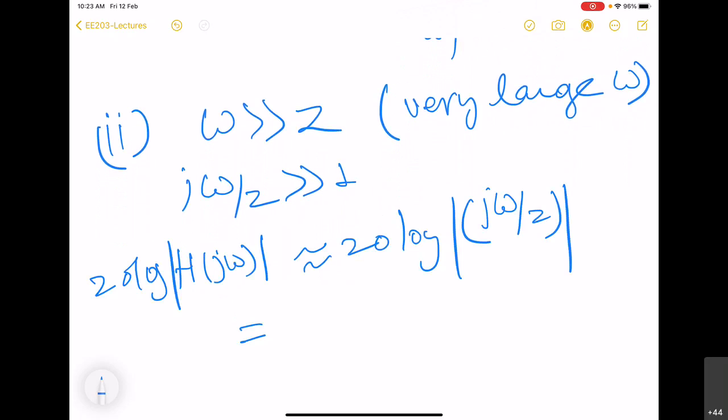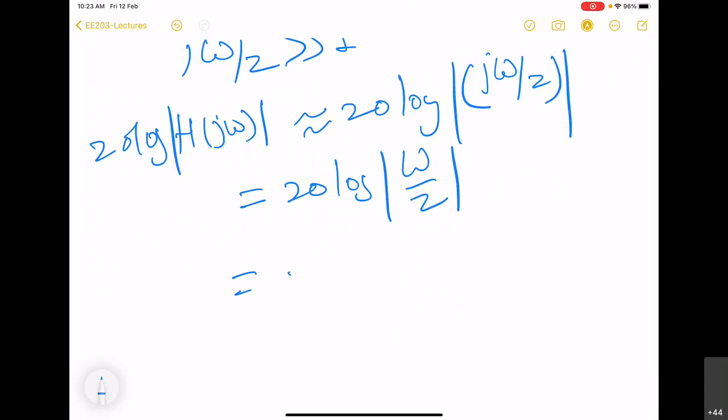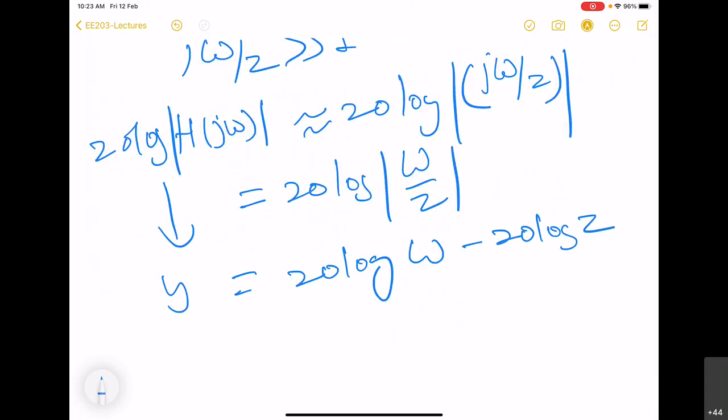Right, so this is 20 log omega by Z. So this can be expanded as 20 log omega minus 20 log Z. So here this is y, and what we now get is this is x, so 20x, and this whole thing is c, right?